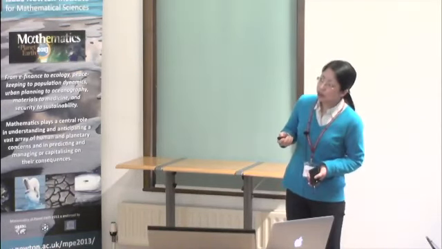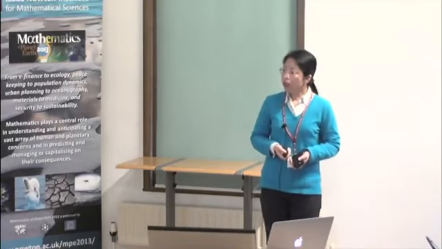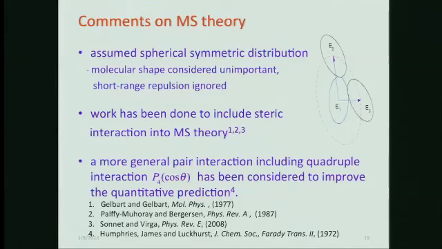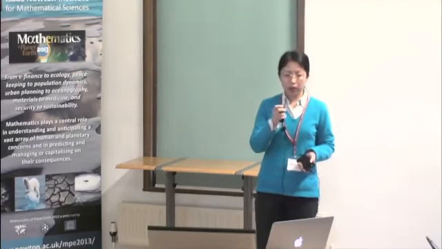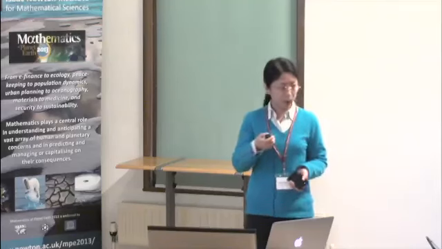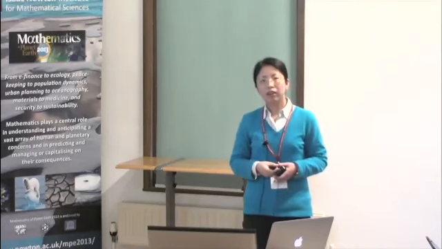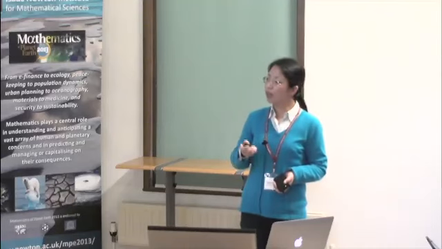So Gilbert in 1977 included this generalized van der Waals interaction into account. And Peter and Bergersen in 1987 also did some work by considering the single particle potential, taking into account the steric interaction, which is a linear relation with Q squared, and he predicted a higher transition temperature and a lower order parameter S.